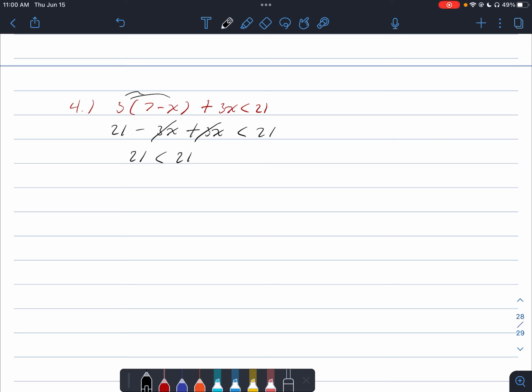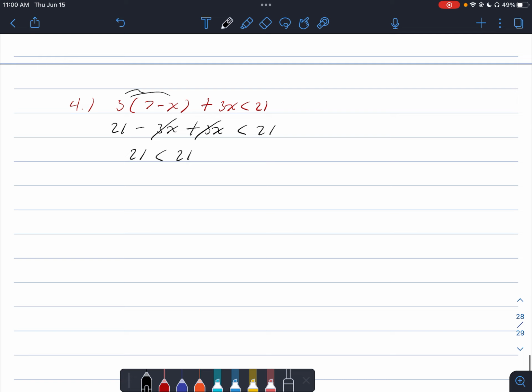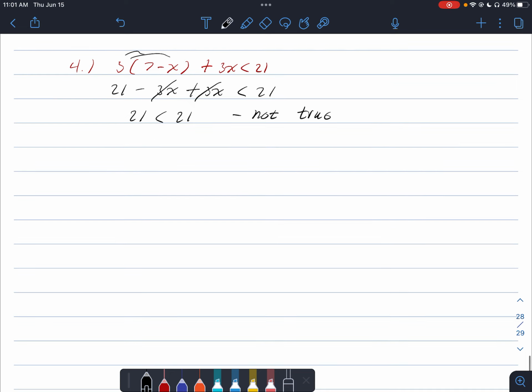The key word here is strictly less than. 21 is not strictly less than 21. If you had the less than or equal to symbol, 21 is less than or equal to 21 would be true, because 21 is equal to 21. But we have 21 is strictly less than 21. That statement is not true. Therefore, we have no solution.